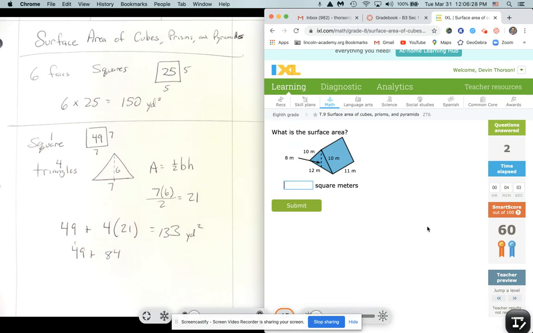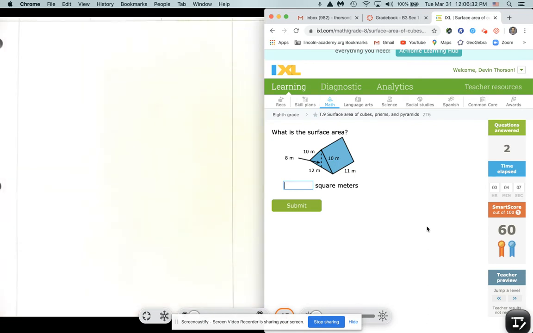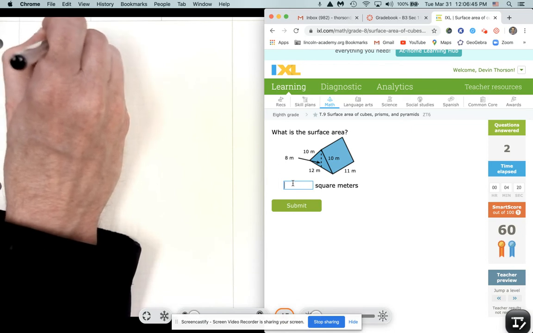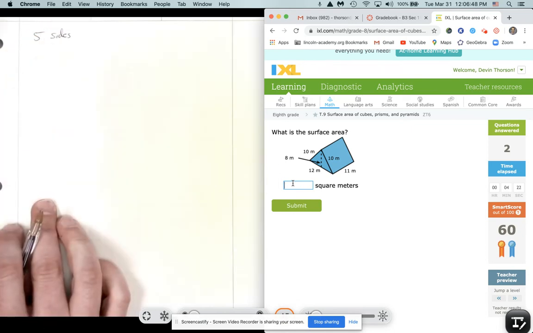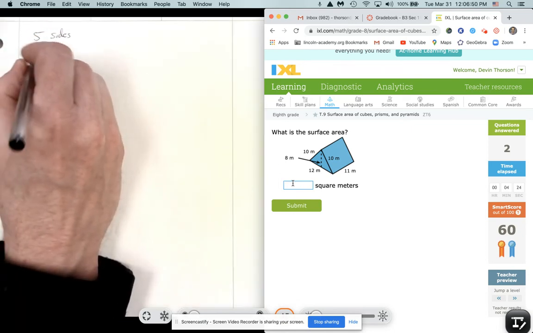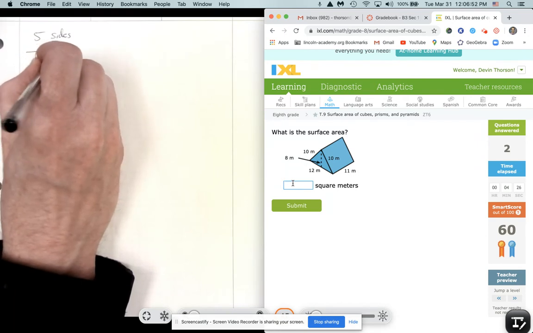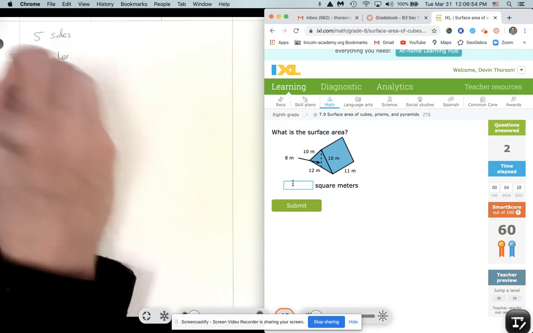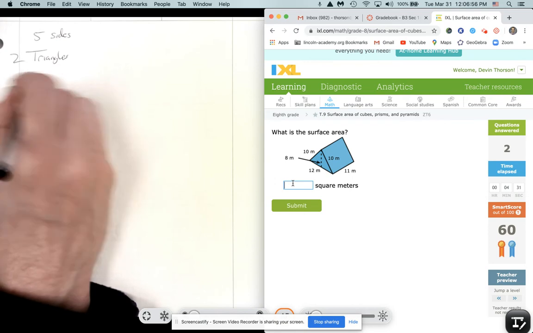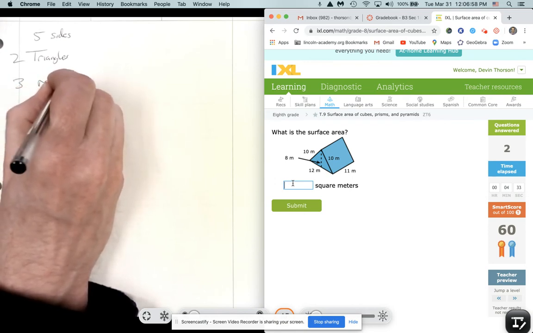As we look at that one, how many sides are there total? There's the front, the back, that's 2, the right side, the left side, and then underneath. So there's a total of 1, 2, 3, 4, 5 sides, right? 5 sides, where 2 of them are triangles. 2 triangles, and I have 3 rectangles.